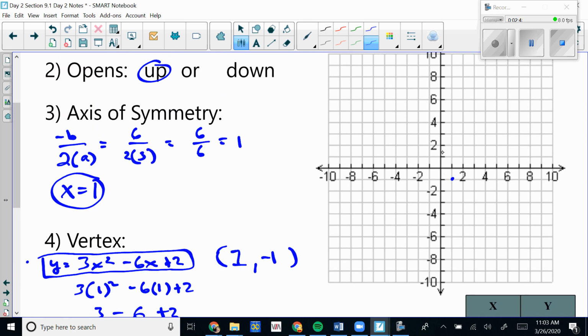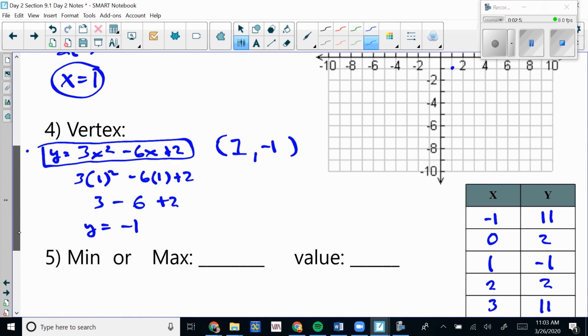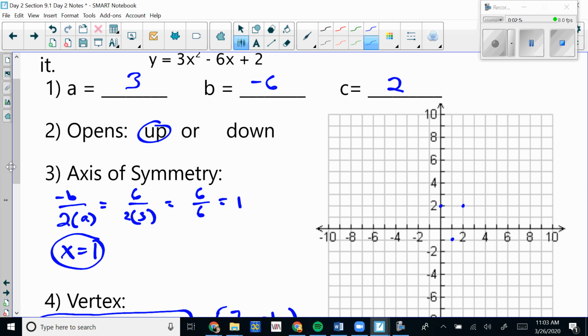So 0 is at 2, and 2 is at 2, and then -1 and 3 are at 11. So I know it's off the graph, but let's just mark it anyway. -1 would be about there, and 3 would be about here. You can see this is a real skinny parabola that goes up like this if we graph it.